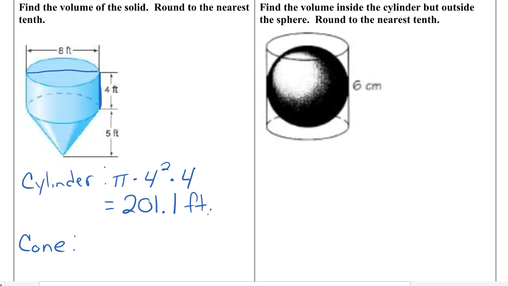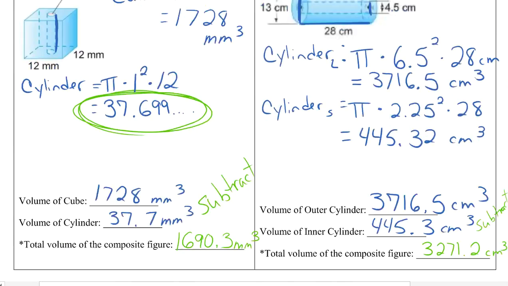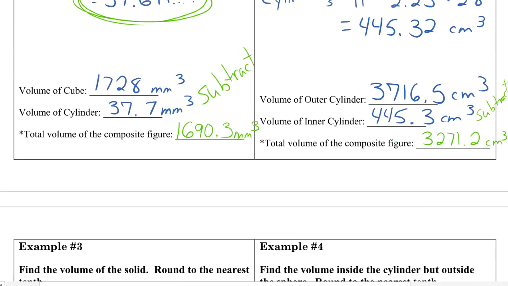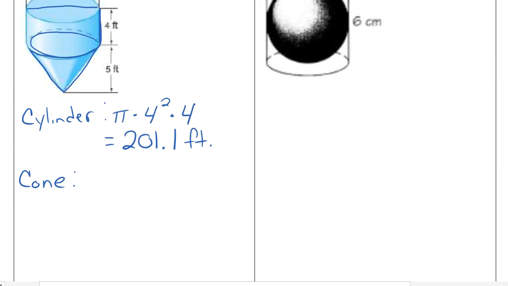Now if I'm looking at my cone, so I'm only looking at this bottom shape here, I'm going to know that with a cone, if I look back at my formulas, a cone is 1/3 pi r squared times height. So I know I'm going to be adding 1/3 in front of this times pi times radius.